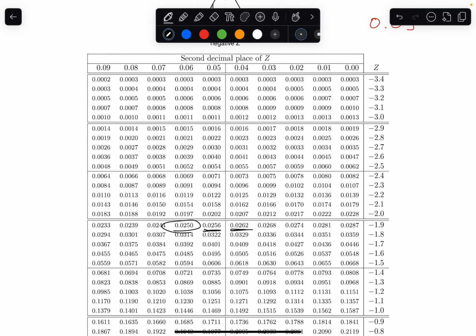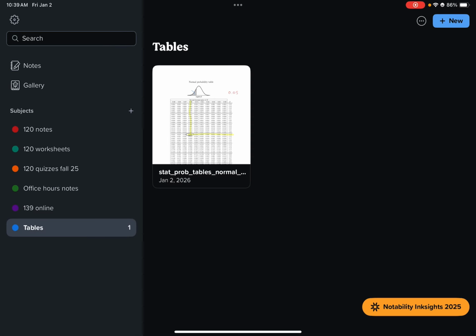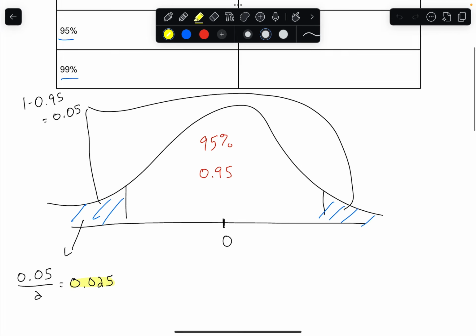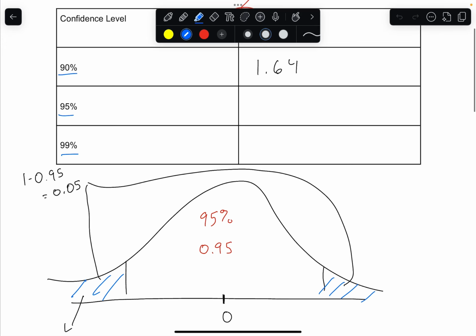And actually we hit the nail right on the head right here with 0.0250. So if I work backwards to find my z-score, that's going to be negative 1.96. In this case, we'll just take the positive case as positive 1.96 for my critical z-score. So the critical z-score for a 95% confidence interval will be positive 1.96.